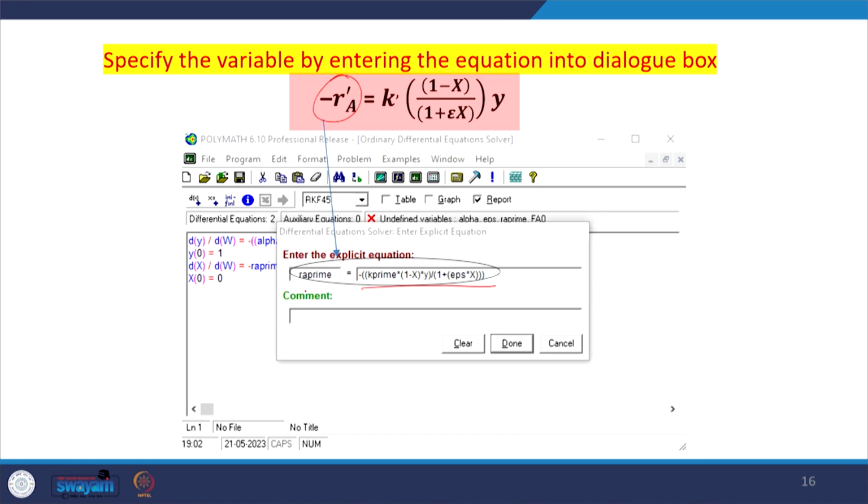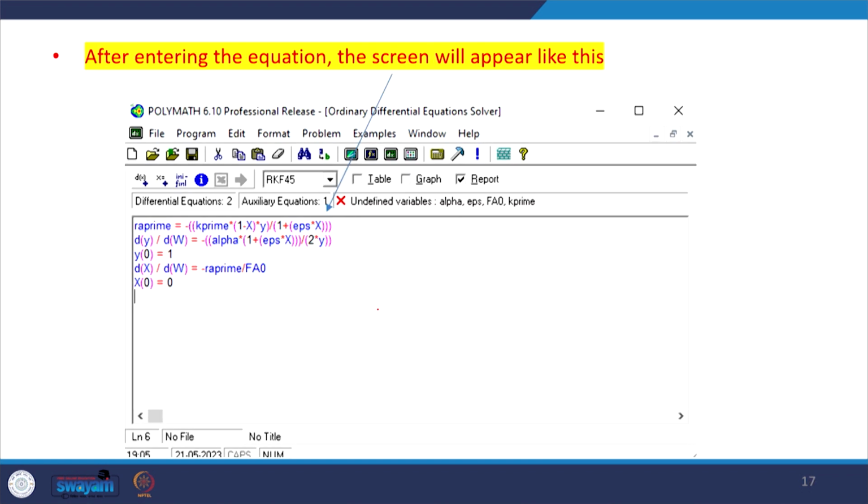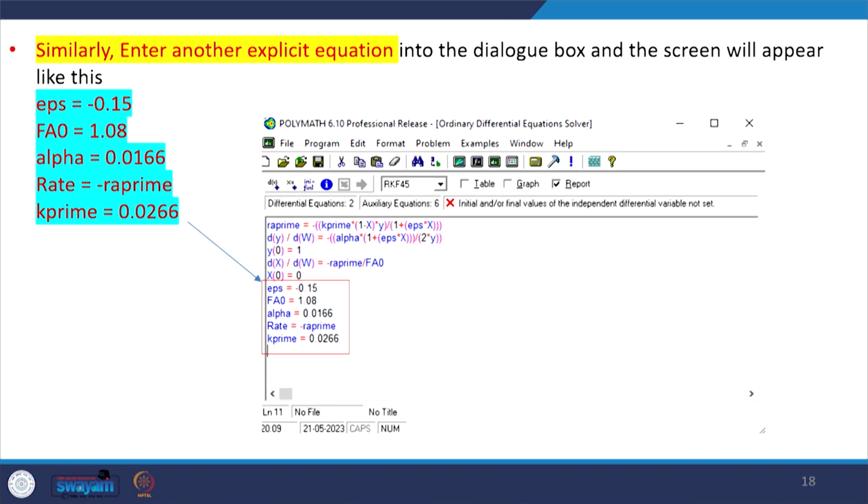Then the respective parameters: the epsilon value, F a naught value, alpha value, rate value, and k prime value. These are the parameters we enter as explicit equations.